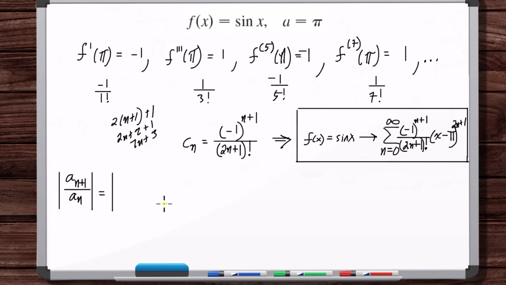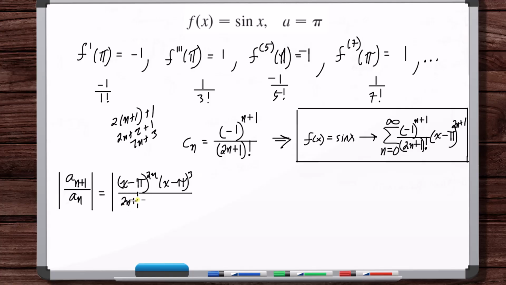So x minus pi to the 2n plus 3 over 2n plus 3 factorial.